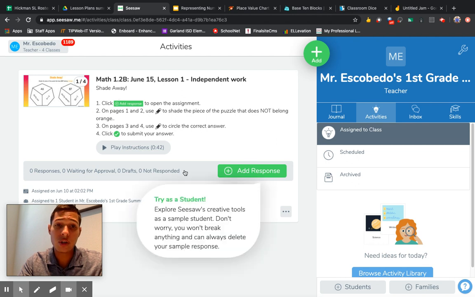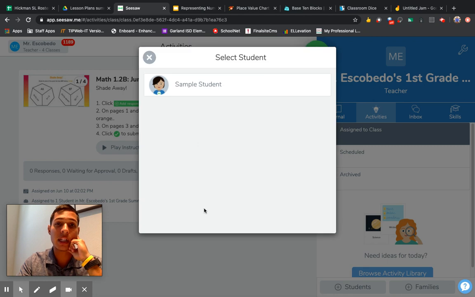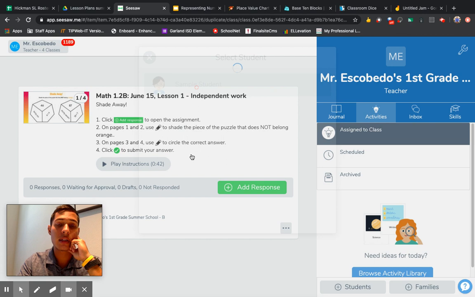And here are the instructions. If you have a hard time reading, click this right here, little play button. It'll read the instructions so you can hear them. I recorded them with my voice so you know what to do. Okay? So you're going to click here. You're going to click add response. You're going to click your name. Your names will be here. Okay? Sample student.